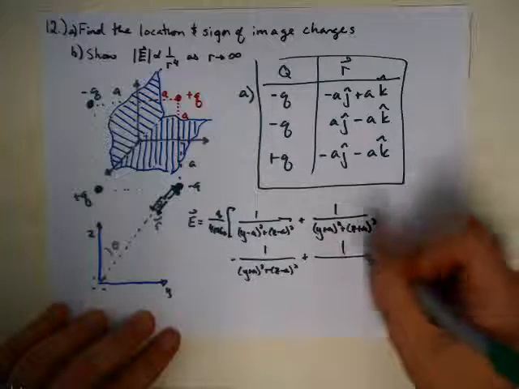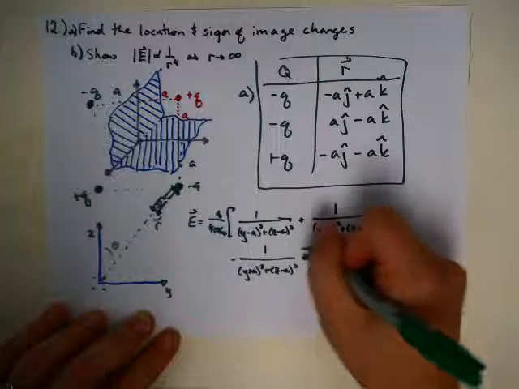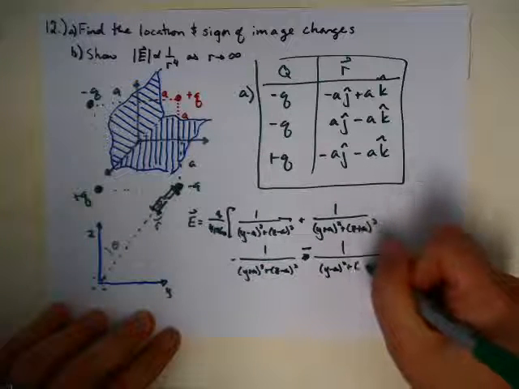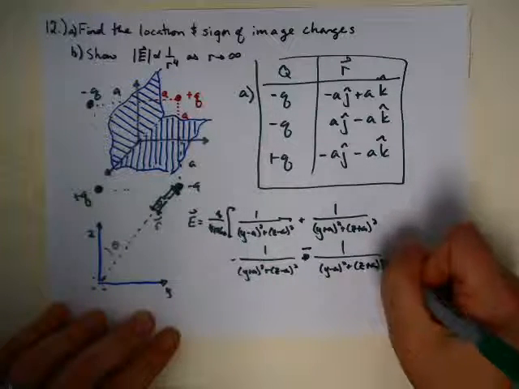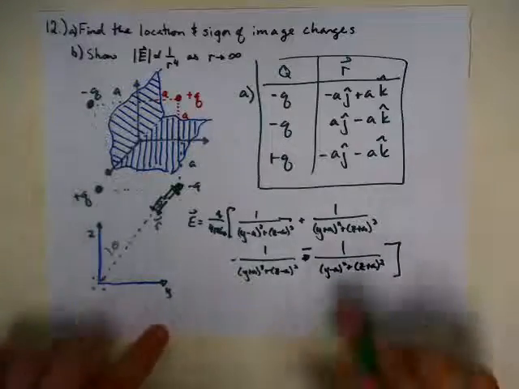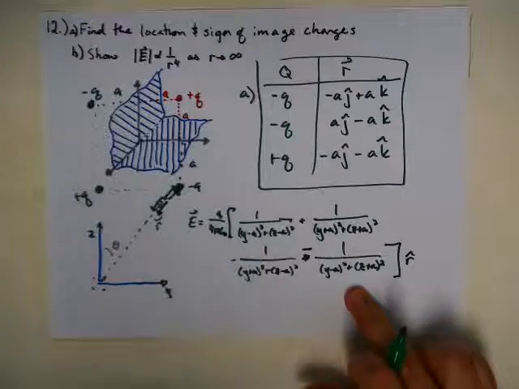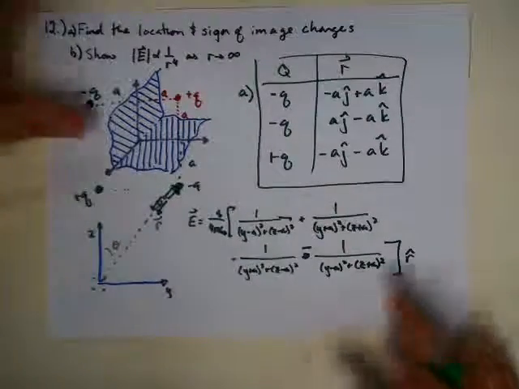And then a minus as well: y minus a quantity squared plus z plus a quantity squared. And so this is an approximation, in the r hat direction. This is a first approximation to what the electric field will look like for that situation.